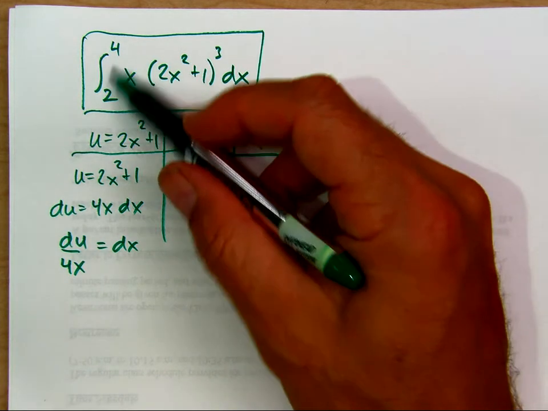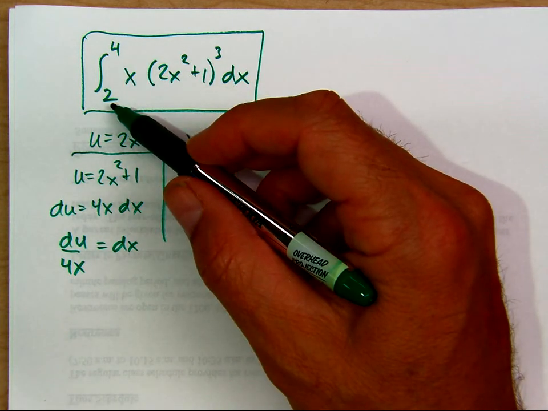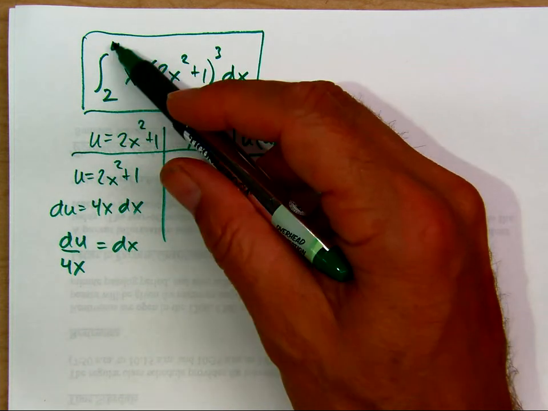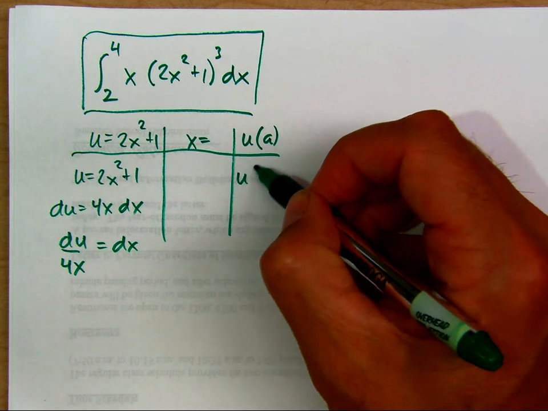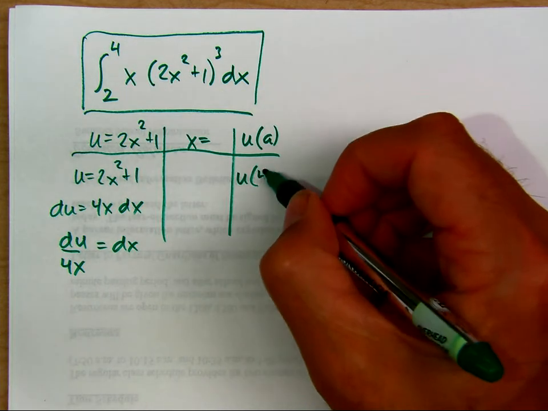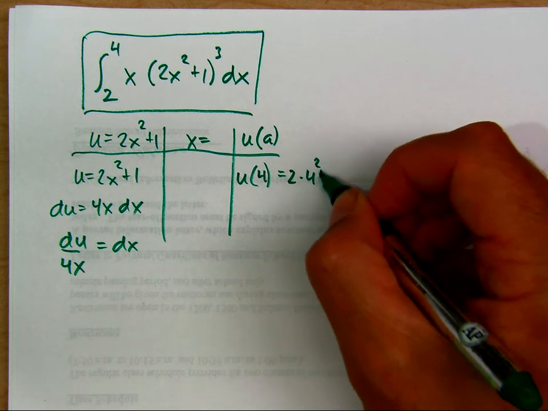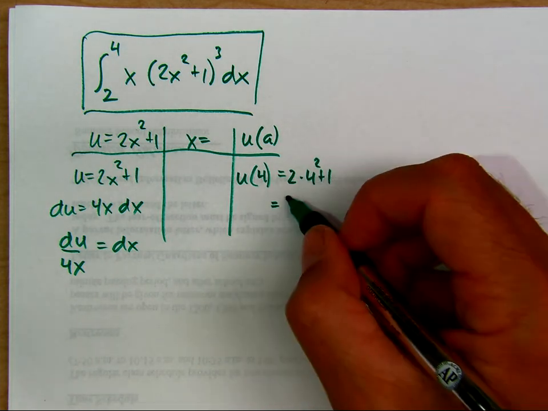Since we have limits, these are x values, and when we substitute we have all u values. We want to have these entered as u values, so we need to find out u evaluated at 4 is going to be 2 times 4 squared plus 1, 33.